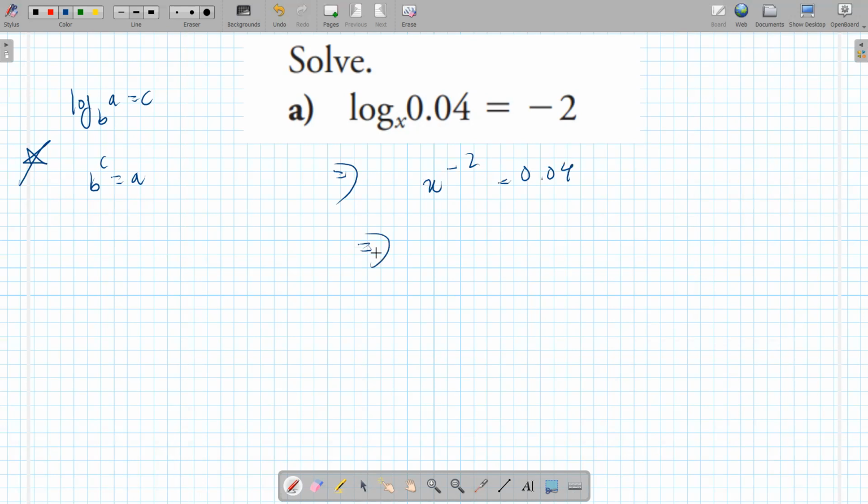How do you solve this for x? You do negative square root.